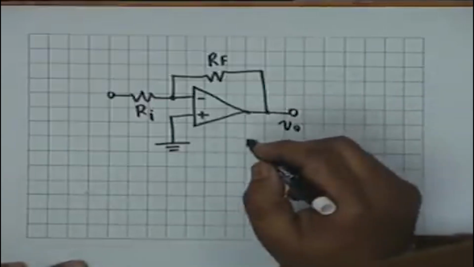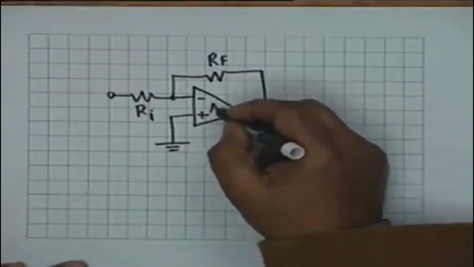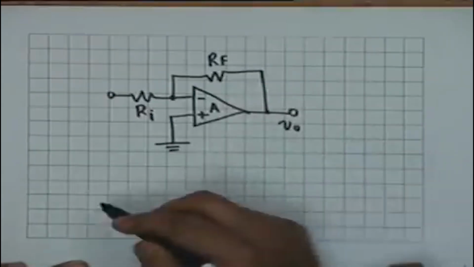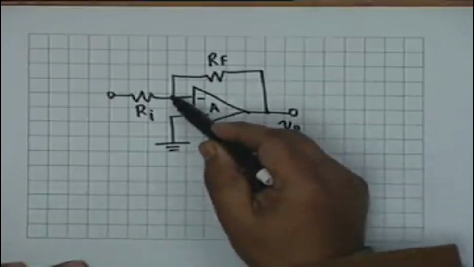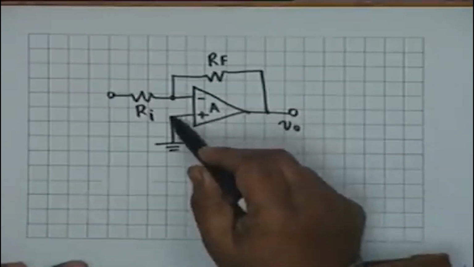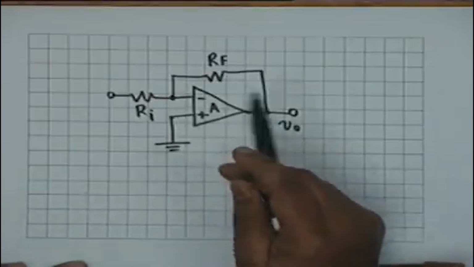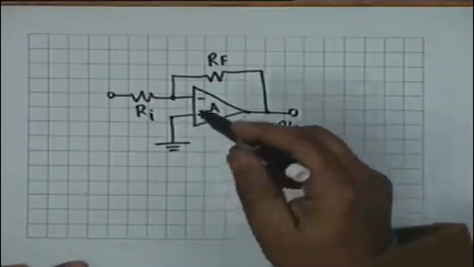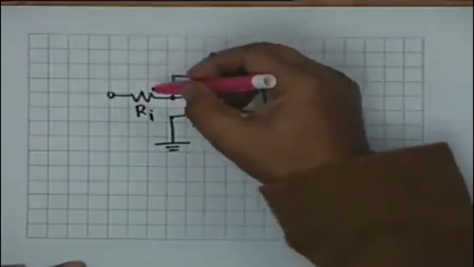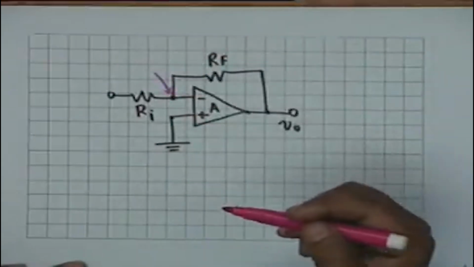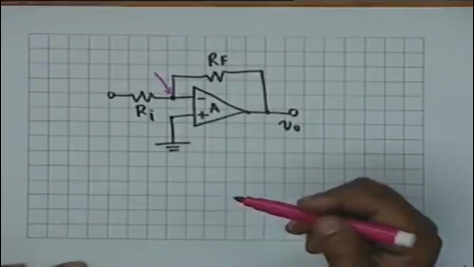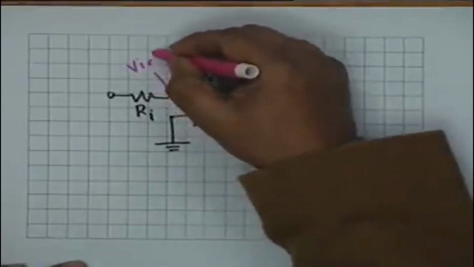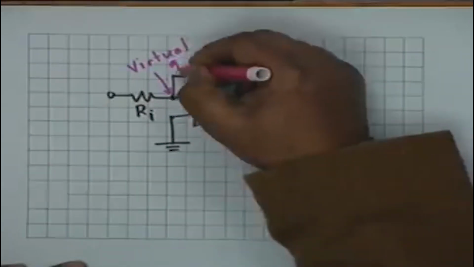We argued that if the op-amp is ideal, that is, if capital A tends to infinity, then the potential difference between this point and this point should be approximately 0, and therefore this point, although not connected to ground, behaves like a ground, and this point is known as the virtual ground.